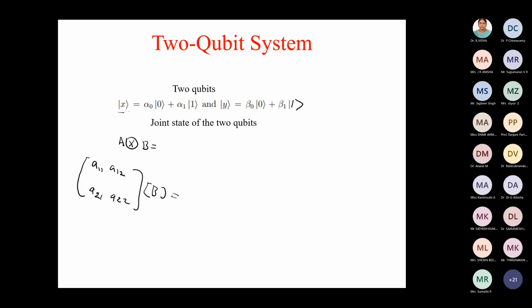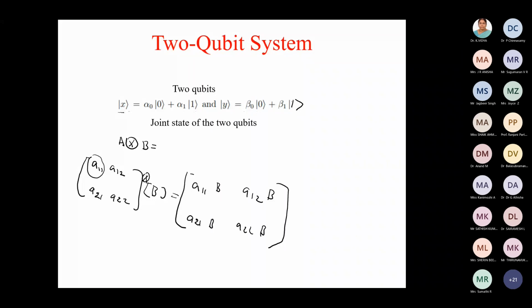It is simply each element of the A matrix multiplied by the entire B matrix. So it will look like this: A11 multiplied by B, A12 multiplied by B, A21 multiplied by B, A22 multiplied by B. So this will be a matrix which is just the tensor product of A and B.